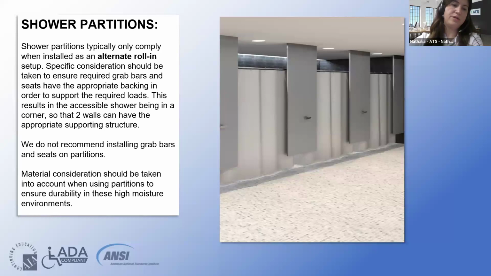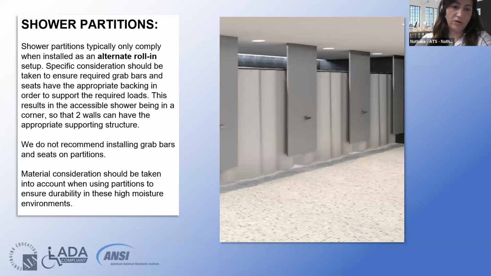For shower partitions, it is not really recommended to install grab bars and seats on partitions. But when that is the case, you just have to keep in mind to leave appropriate backing in the wall in order to support the required loads for your shower seat and your grab bars.